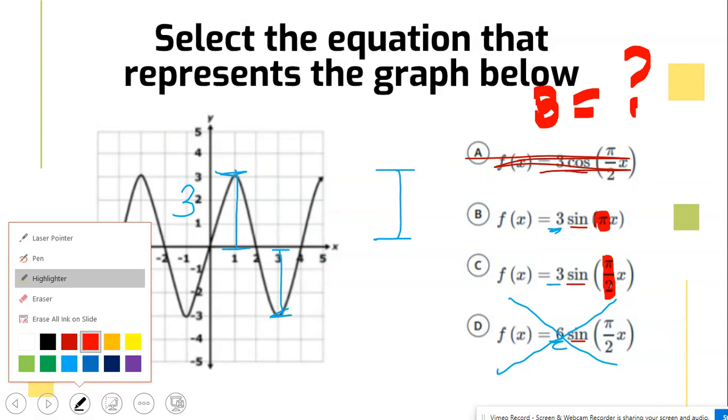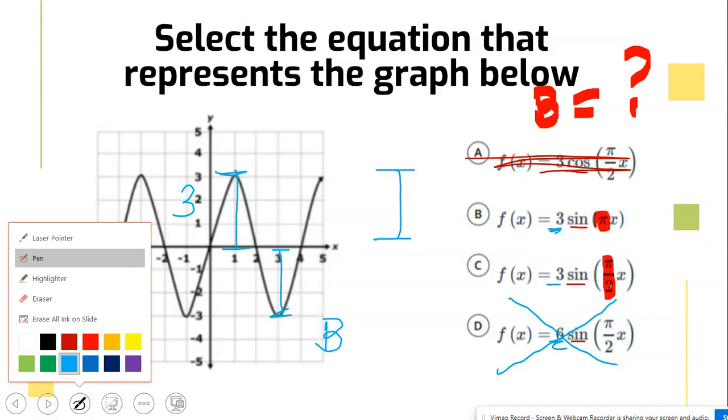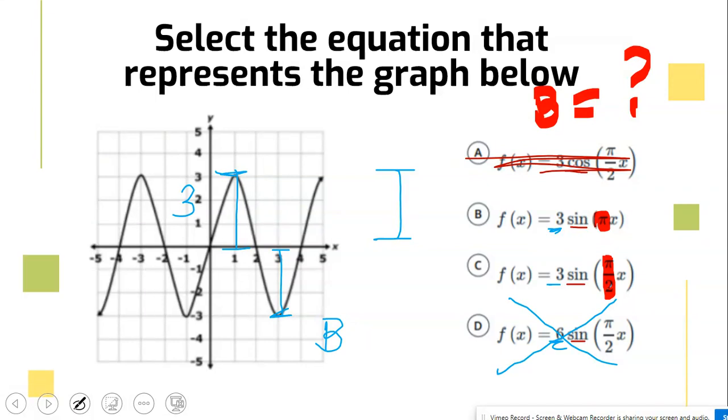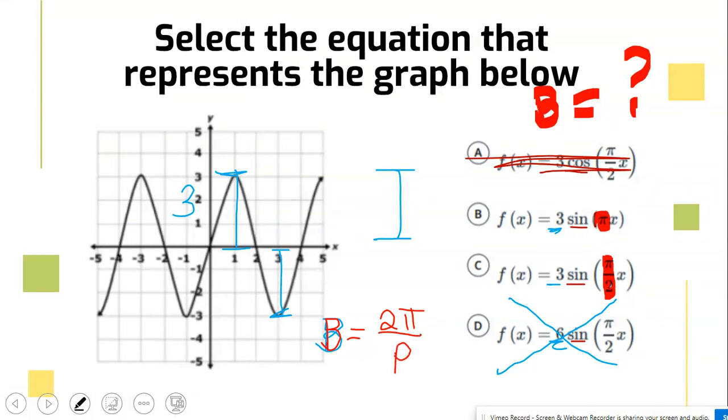And remember, we had a cool formula. We said B is equal to 2 pi over P, the period. And the period is how long it takes to finish one cycle of sine. So let's see, how long does it take? Here's one cycle of sine.